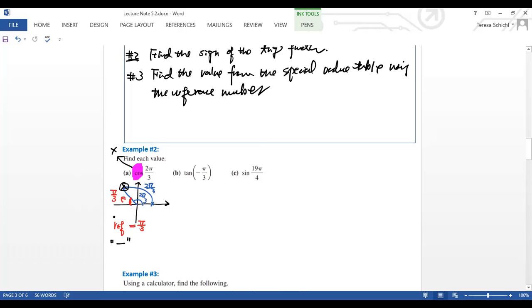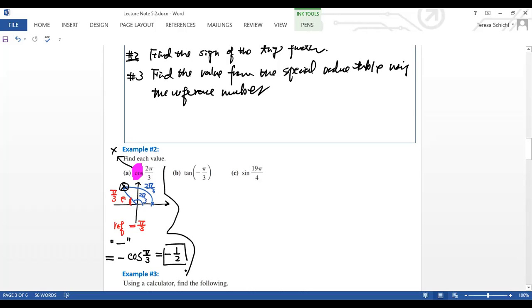Basically this will be equal to negative cosine, because the sign is negative. The reference angle is pi over 3, so you go to the special table we just created, and you find it's 1/2. That's how we do this. Now let's take a look at this one again. Tangent, the second one here.